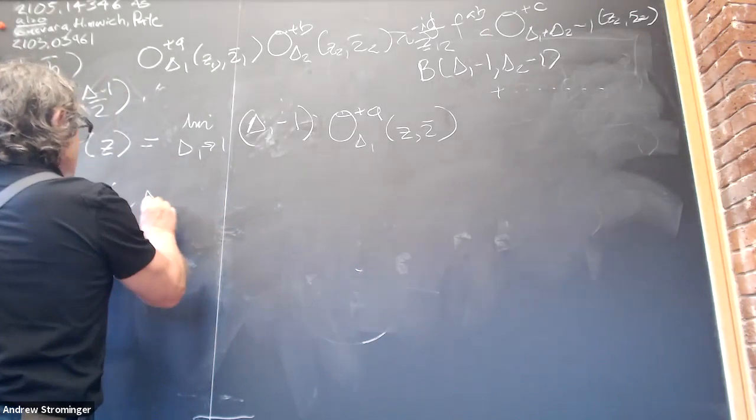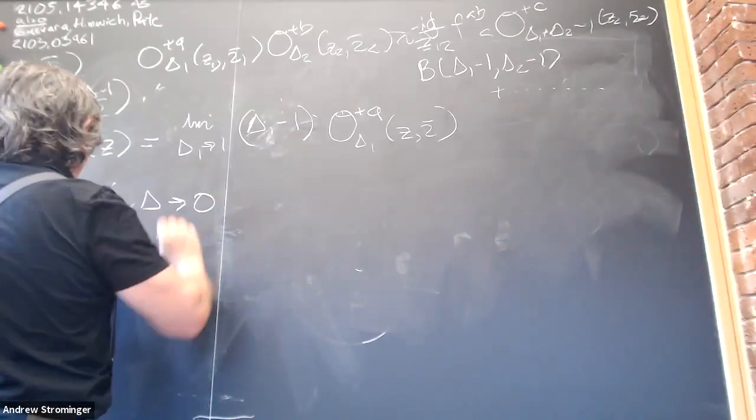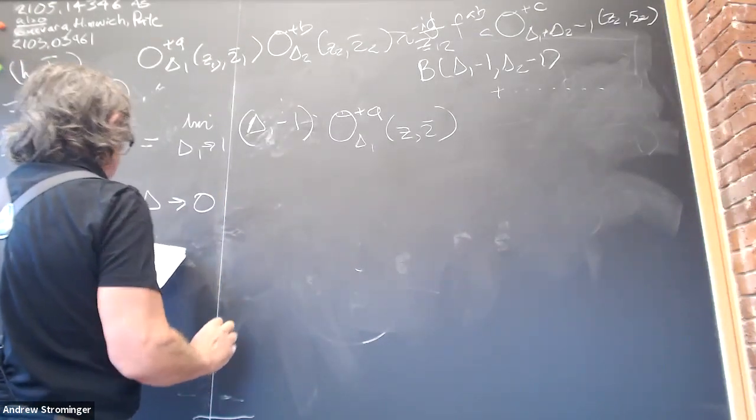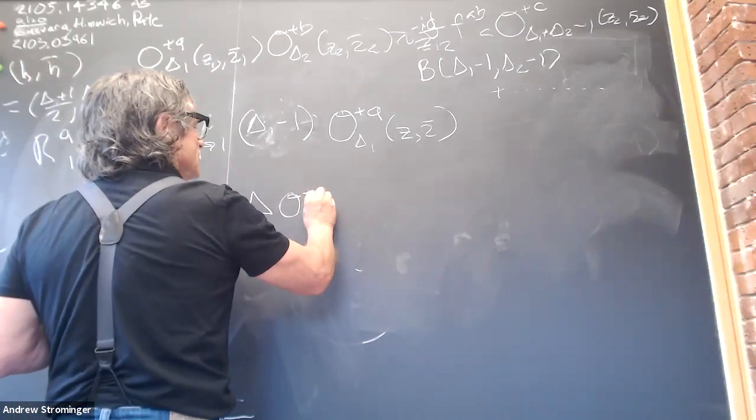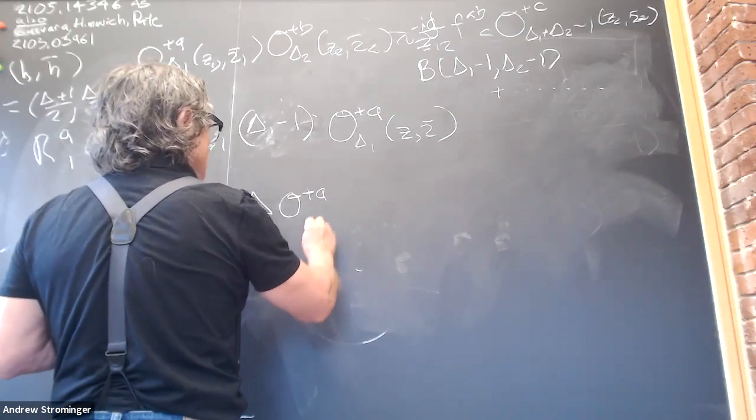So the subleading soft photon, we take the limit as delta goes to 0 of delta times O plus A delta.